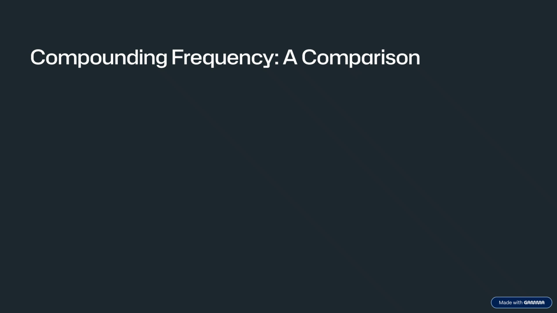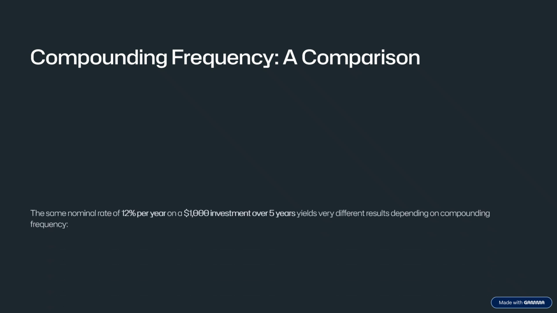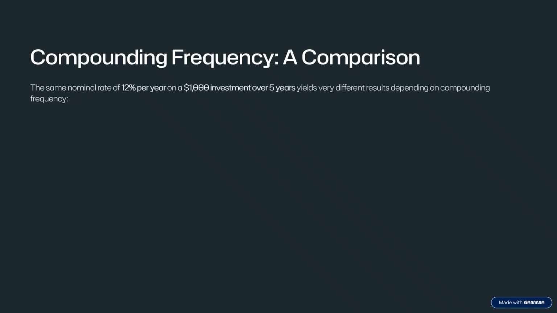What is the twist? What if that 12% is applied once a year, twice a year, every month, or every day? Will the final amount be the same? Tell me. Will the final amount be the same? Answer is no. And this is exactly what we call compounding frequency, which means how many times interest is applied in a year.